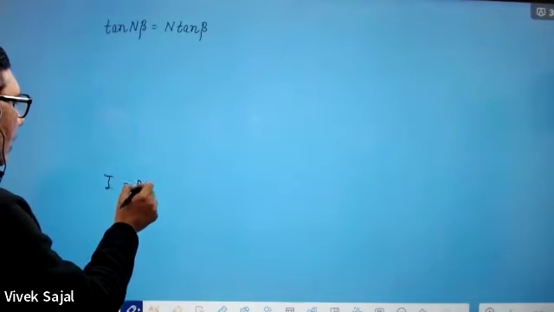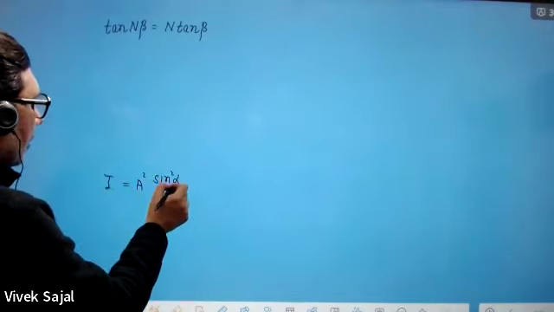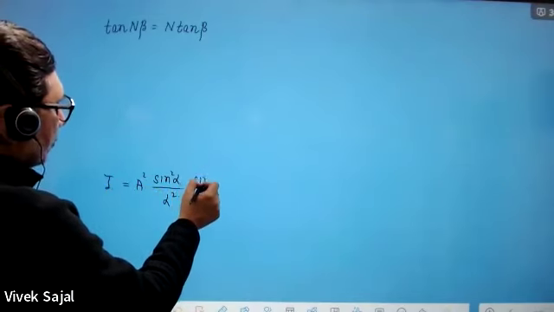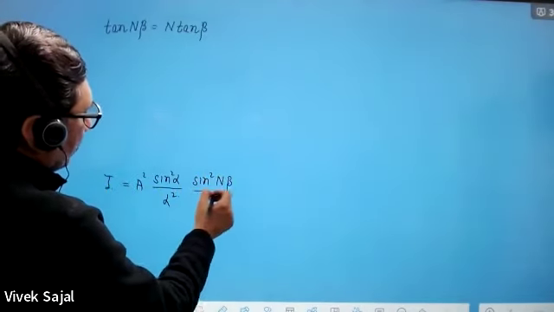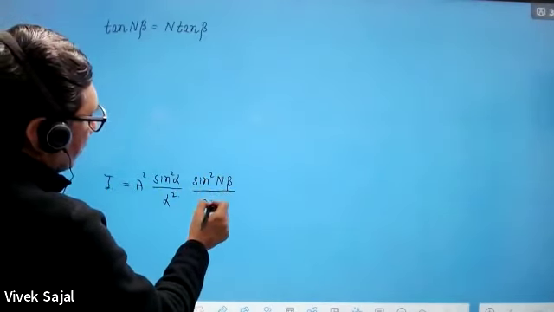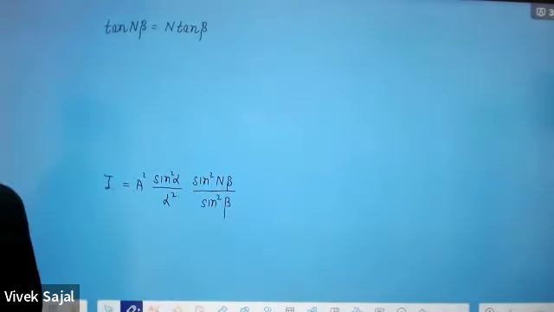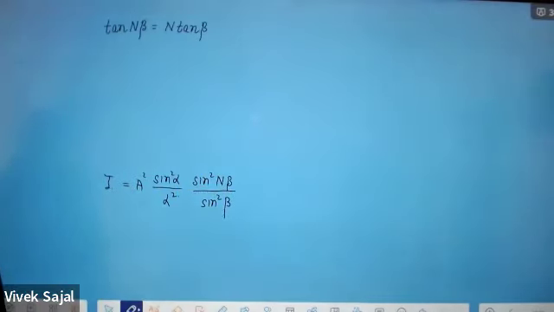That is A squared sine squared alpha upon alpha squared, and this is sine squared n beta upon sine squared beta. I want this one. This is my objective that I want to find out.